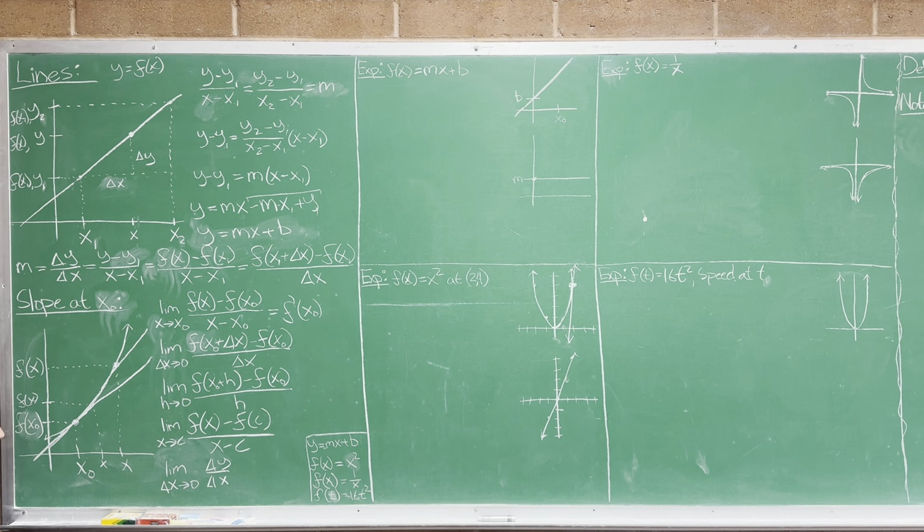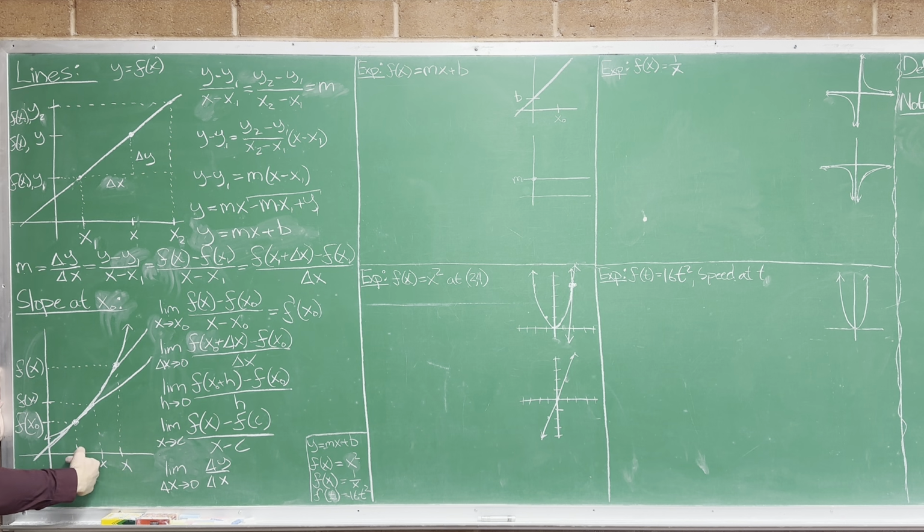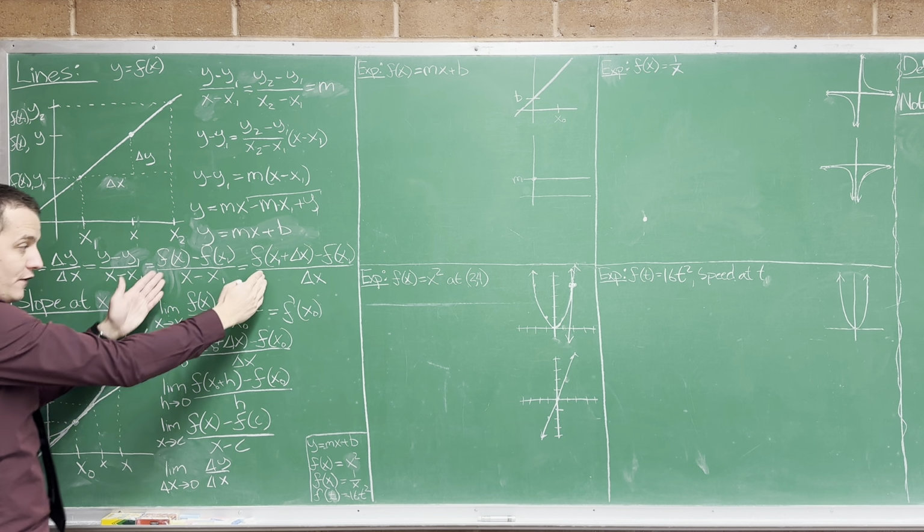If I let my x get even closer, then I get an even better approximation. And as I let my x get arbitrarily close, my approximation gets arbitrarily good. And so, what is the derivative of this function at that point? What is the slope of this function at that point? It's the limit as x approaches x naught of the slope.